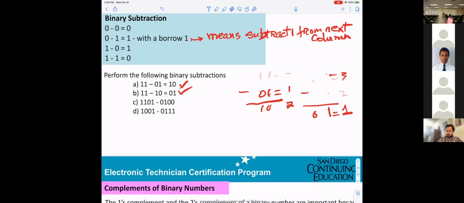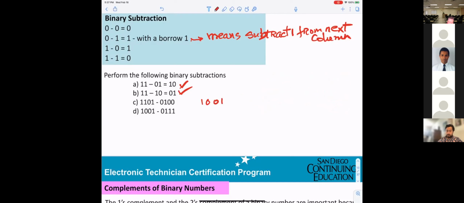Is it 1001? For letter C? Okay, we see. You say 1 0 0 1. 1010. You say 1 0 1 0. 1001, I think.